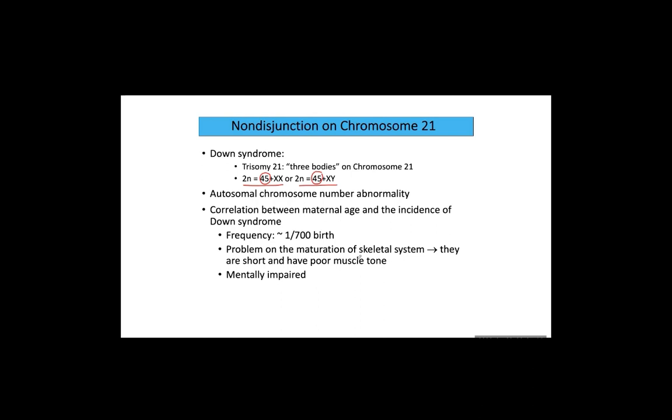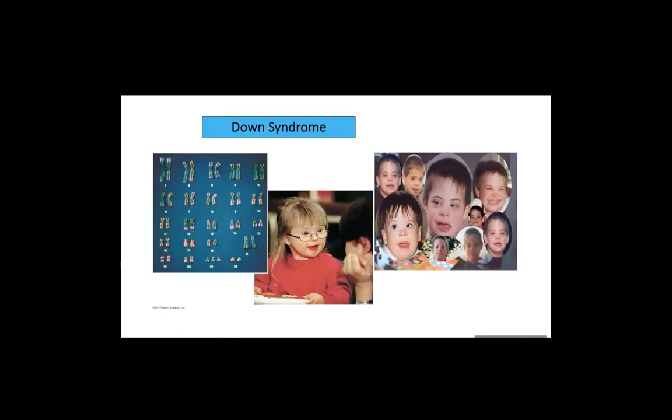And the skeletal system is weak, so they are short and have poor muscle tone. So you can see the small mouth held open partially because they want to accommodate the tongue. And if you look at the eyelid, it's distinctly shaped. Okay, there's a question: do people with Down syndrome have a shorter lifespan?